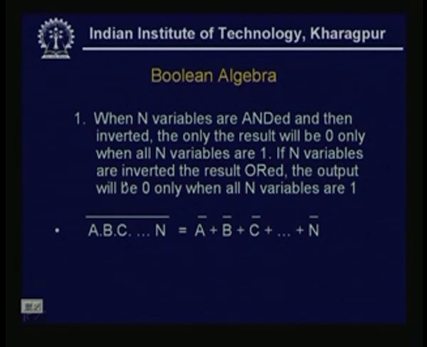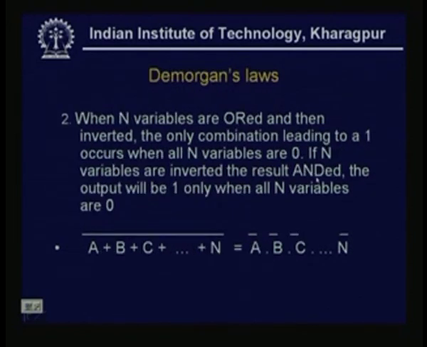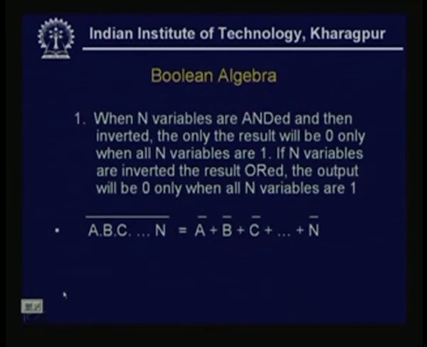If n variables are ANDed and inverted, the output will be 0 only when all n variables are 1. What does it mean? If I write the expression, I am taking n variables a, b, c up to n. These are n such variables.